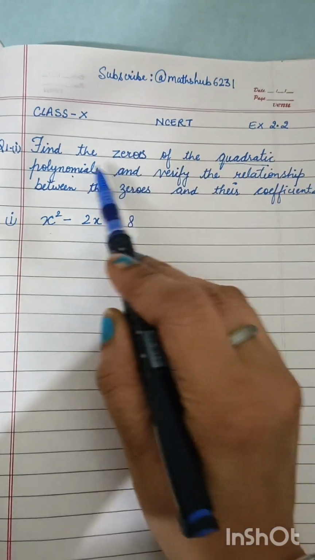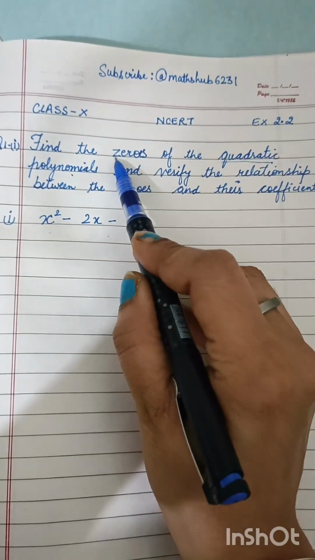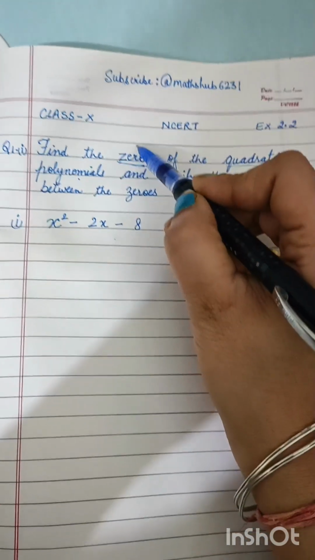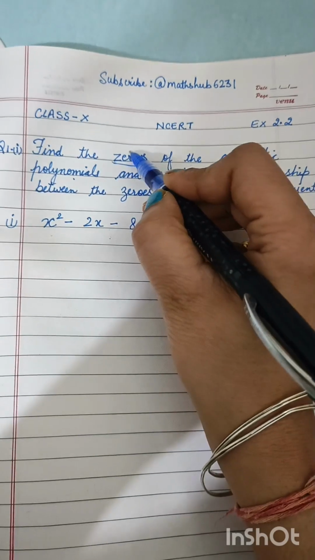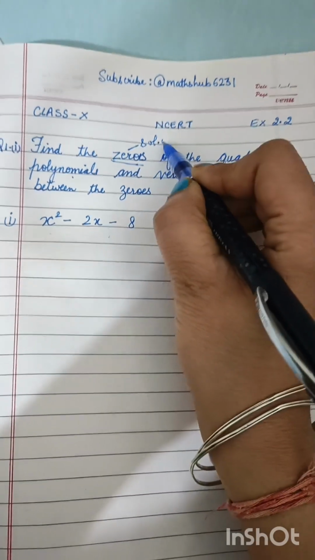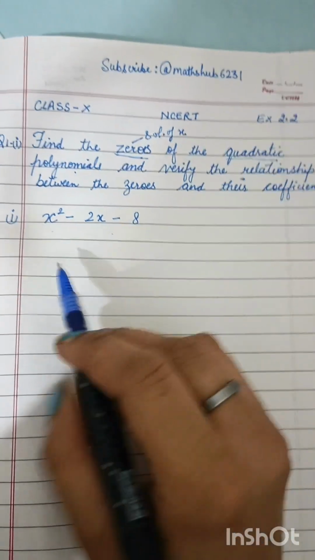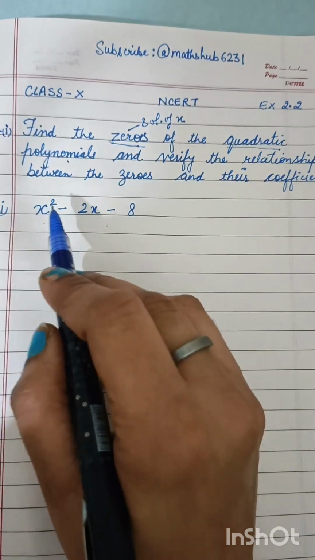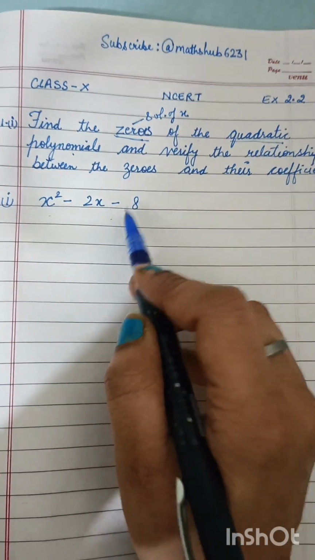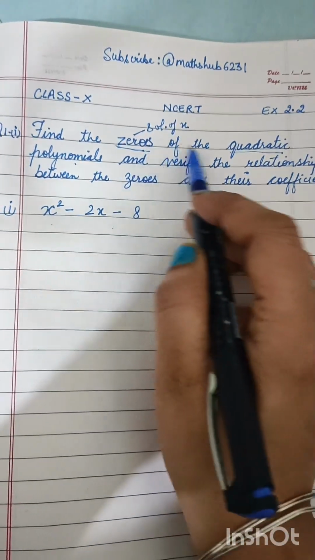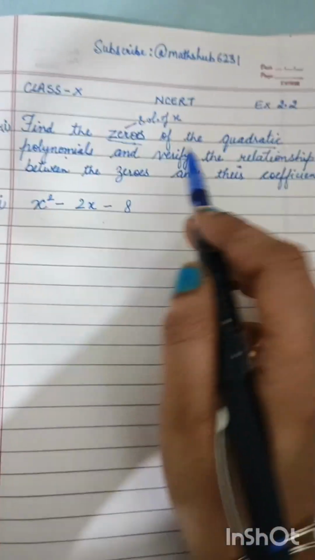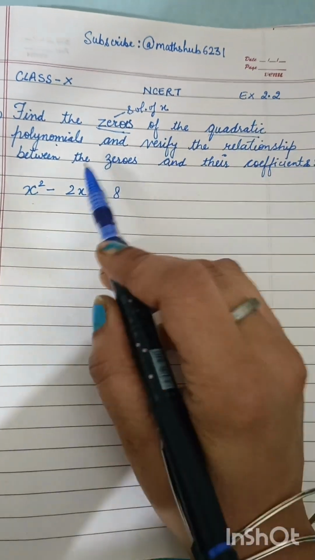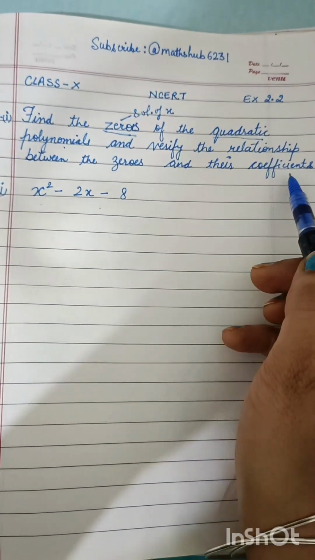For this quadratic polynomial we will find out the zeros, meaning the solution of x. We can write over here, solution of x. So what are the two solutions we'll obtain from this polynomial? That will be the zeros of the quadratic polynomial. Then we will verify the relation between the zeros and their coefficients, right?